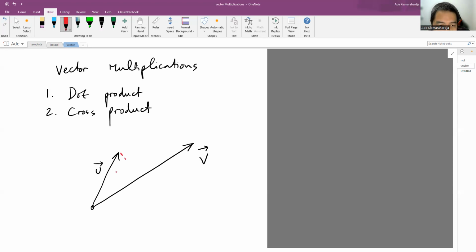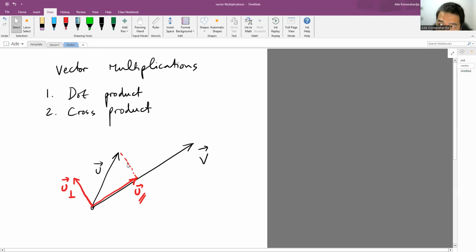It has two components. So when you project u on v, we will have now the component of u that's parallel to v. So let me call it u parallel. But there is another component of u here, which is the component that's perpendicular to v. So this is the second component of u.